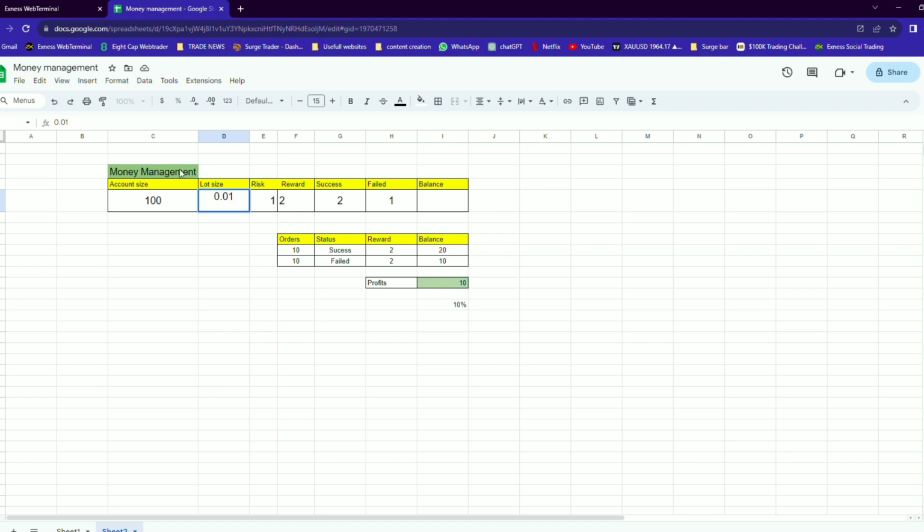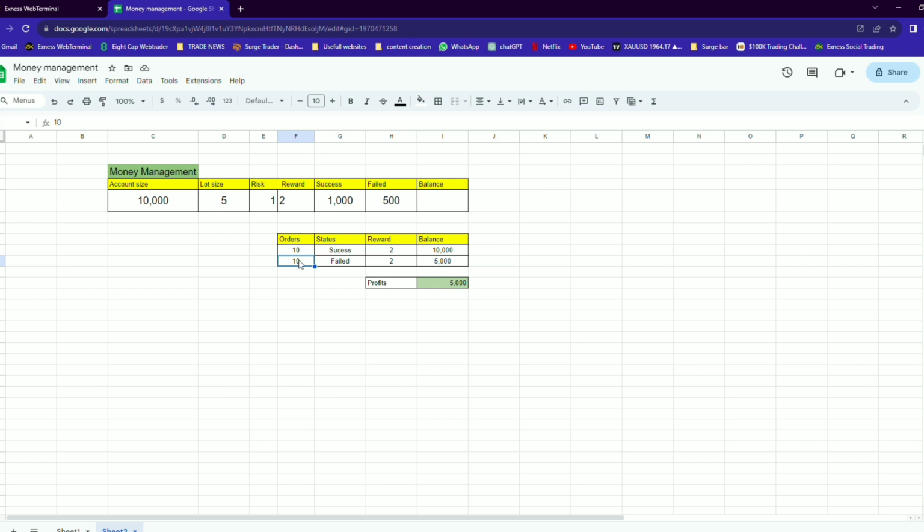Now in all this scenario, what do we mean by money management? Let's go back to the beginning. So this is the basic. In money management, on your $10,000 account, do not try to order 5 lots, because on every order you lose 500, but you gain 1,000.